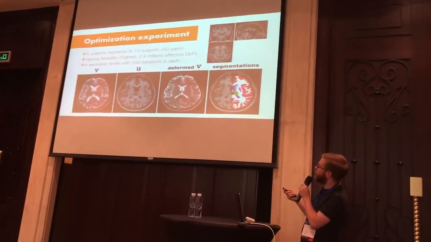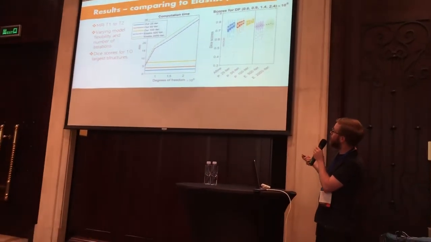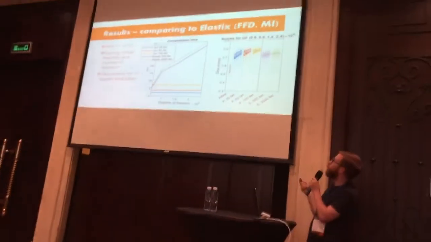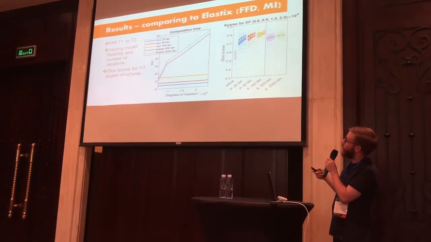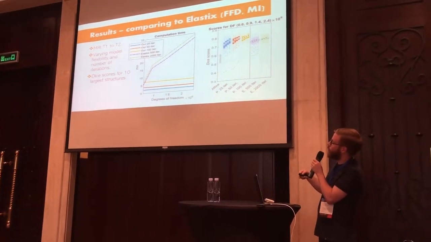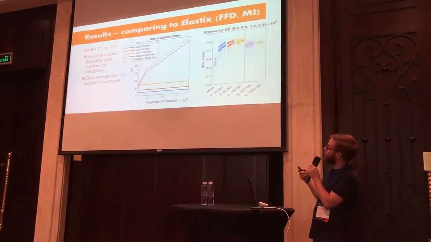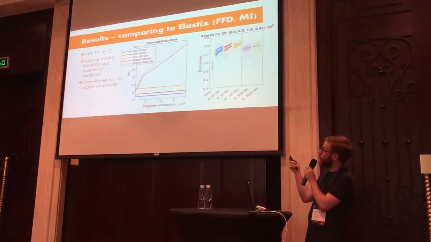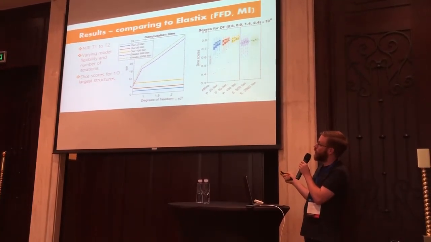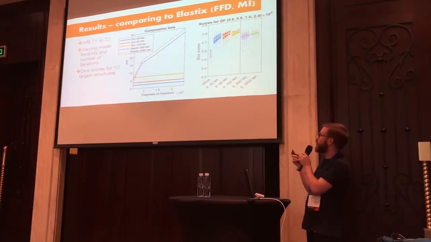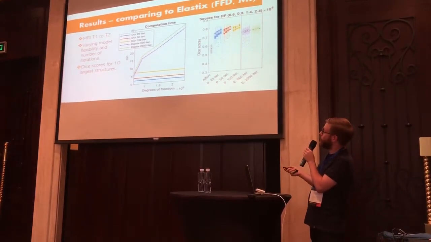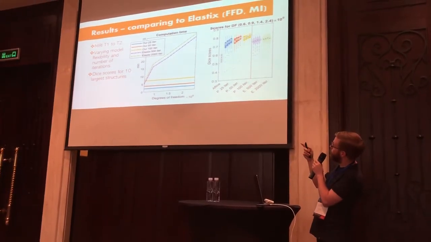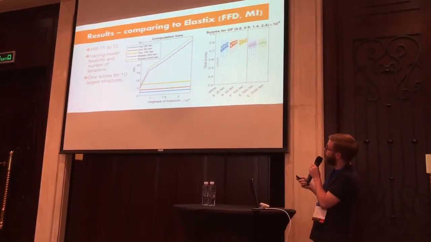as an accuracy measurement. We compare it to Elastix, which is a free-form deformation method using mutual information, and because we cannot compare Elastix and our model exactly, we vary the model flexibility of each and the number of iterations. If you look at the first plot, it is the computation time.